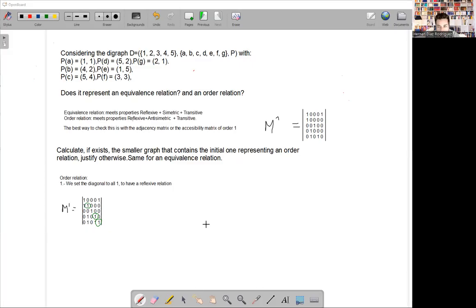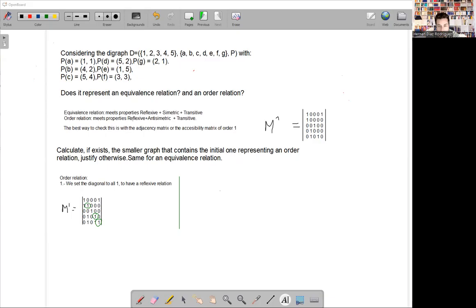Now, for the order relation, we need to meet the reflexive, the anti-symmetric, and the transitive relation. So the next step, we already have the antisymmetric relation.